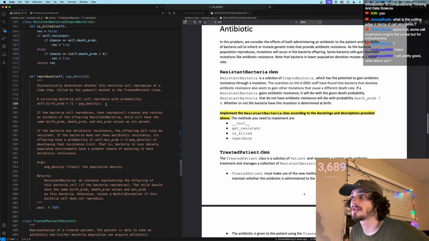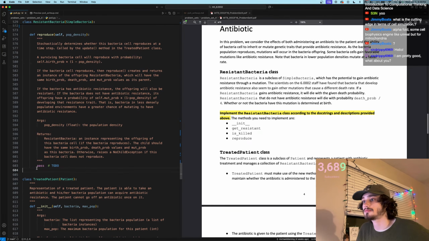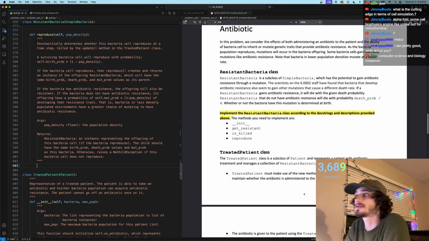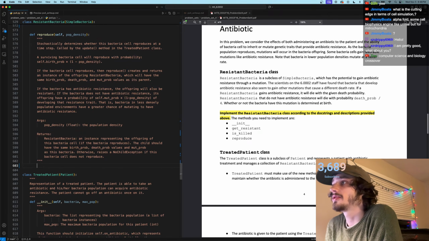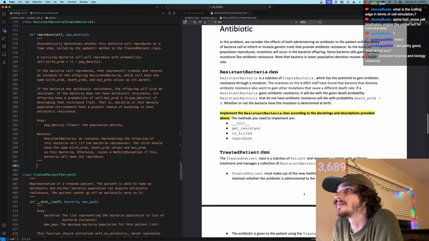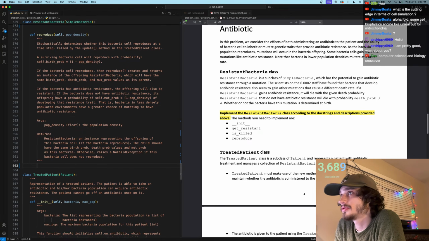Okay, this one's a little bit more tricky. So reproduce, we have a population density given to us, and this method is given to a bacteria cell. So this is going to be called, right?